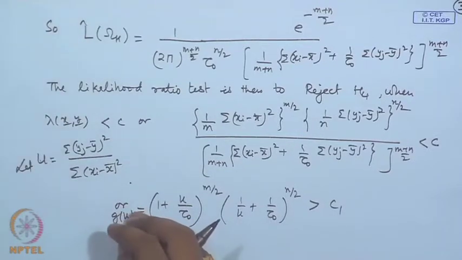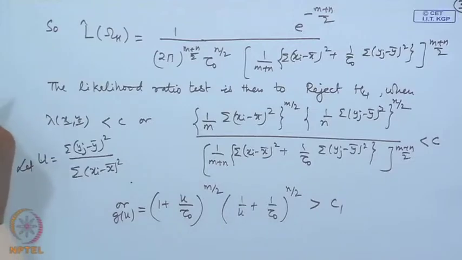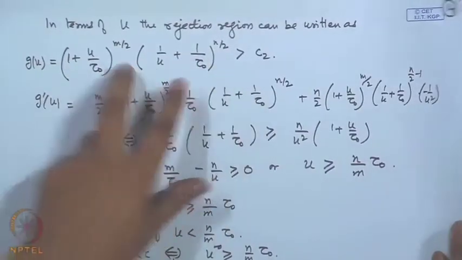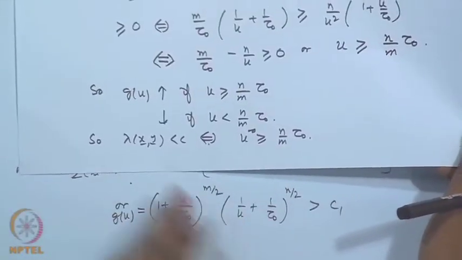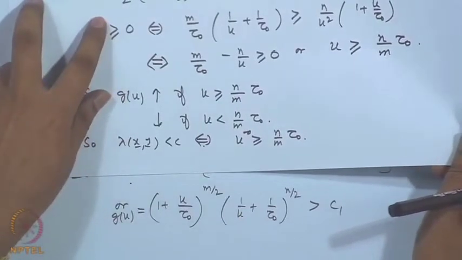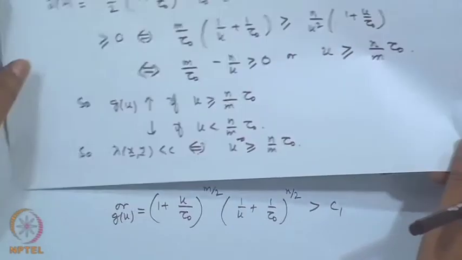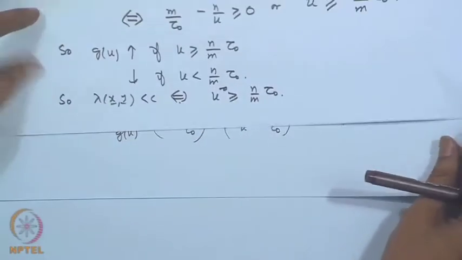Now, this function I considered in yesterday's derivation of the test function. I will show the behavior of it here. I had assumed this term to be G u. Now, this term is same as this term here, and G prime u we had calculated. So, I straightforwardly take the same expression.